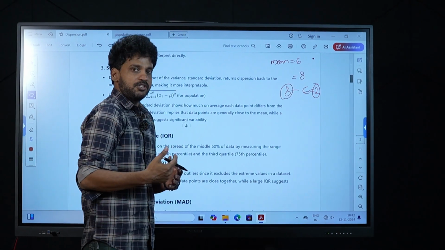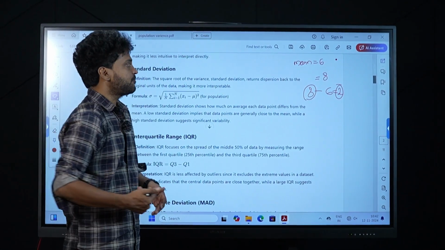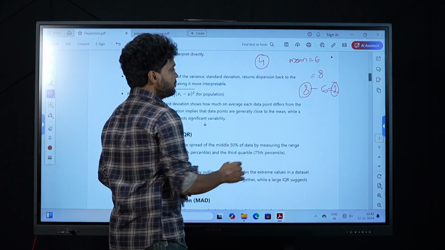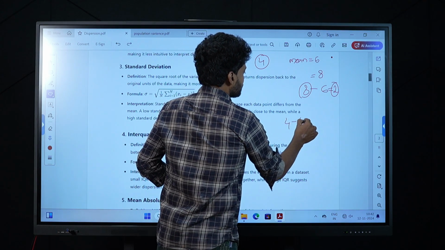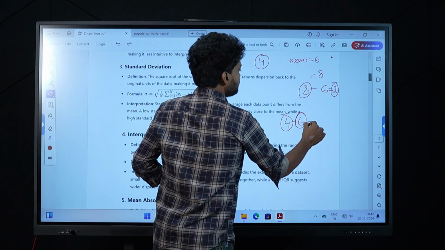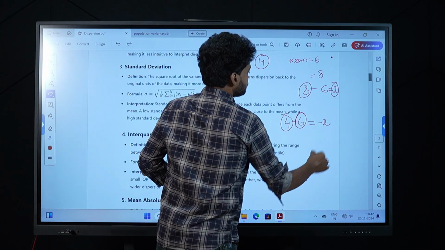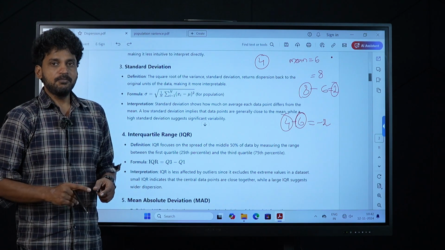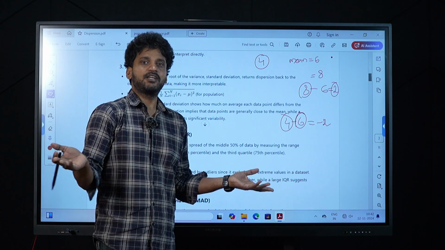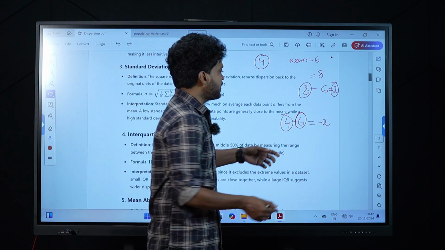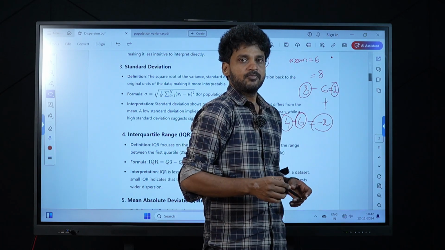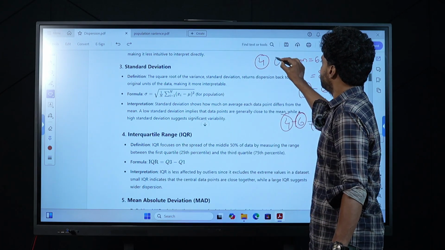But there are some values which are to the left side of the mean. So let us say there is 4. When you take the deviation, it will be 4 minus 6, and the result will be minus 2. This minus 2 will have a negative impact. When you take minus 2 plus 2, the total will be equal to 0, right?